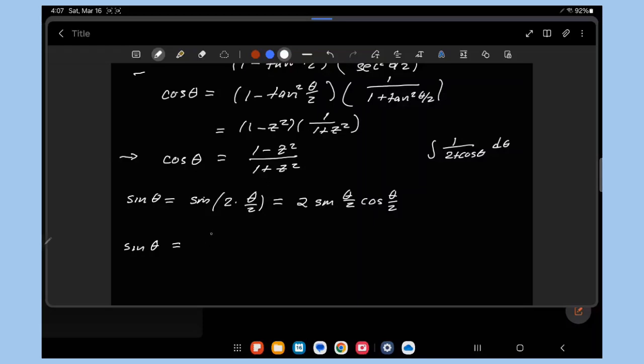So we'll write it as 2 sine theta over 2 cosine theta over 2 divided by cosine squared of theta over 2 times the cosine squared of theta over 2.